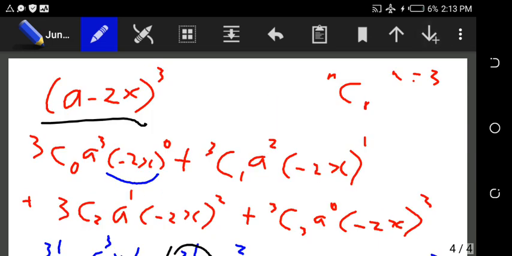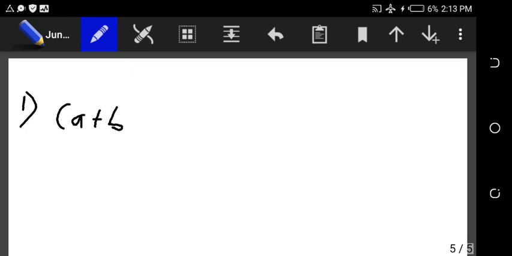Okay, so let's take down the following as practice. Try to expand these using not Pascal's triangle now, but using this method of your combination. For starters, try to expand a plus b raised to the power 6 using the method of combination, and a little bit of the advanced one.